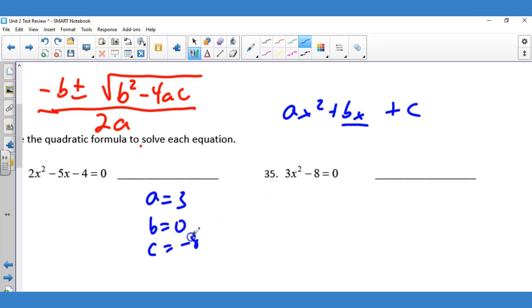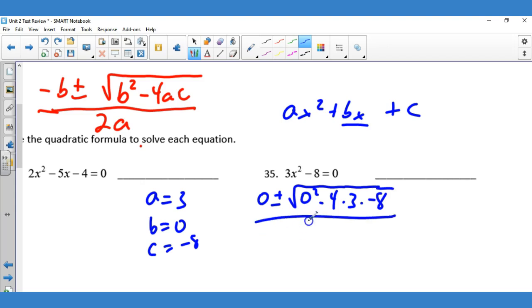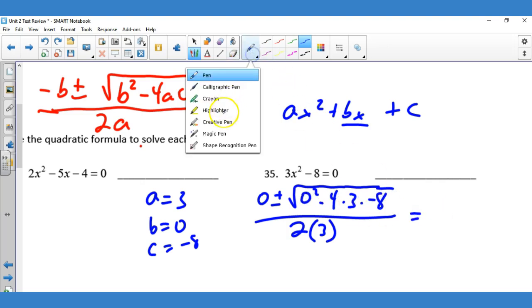So now when I plug it in, I get 0 plus or minus the square root of 0 squared minus 4 times a times c, all over 2 times 3. Again, do just this portion right here. Let me highlight it for you once again.